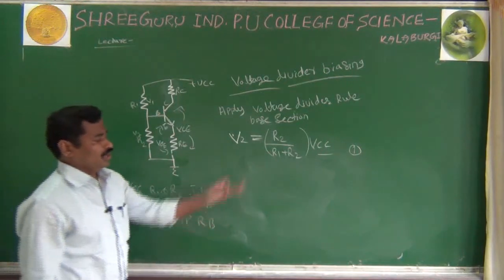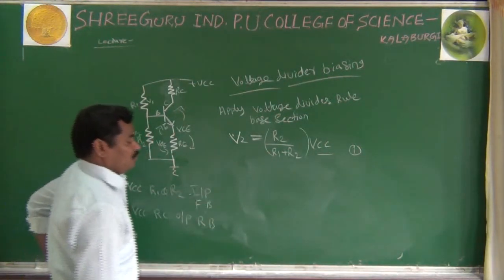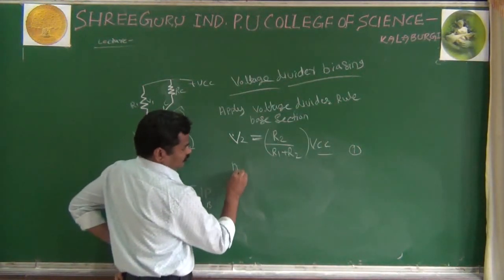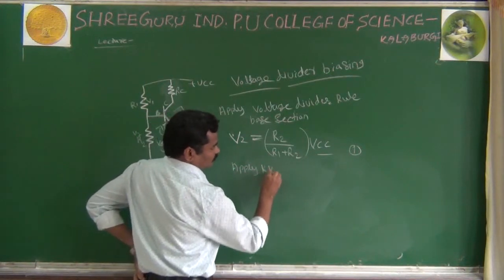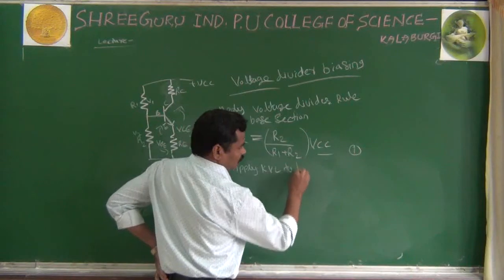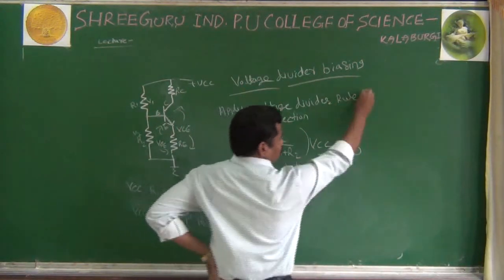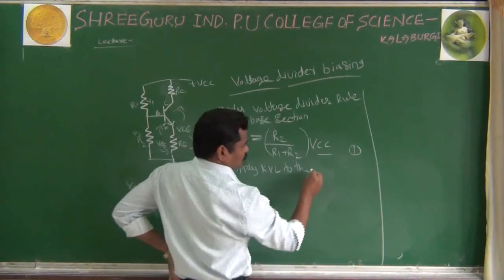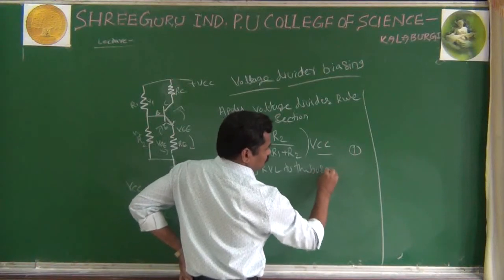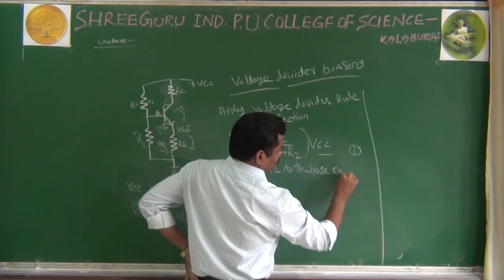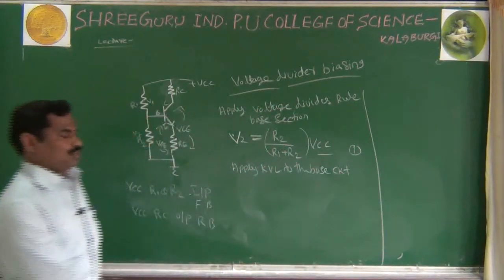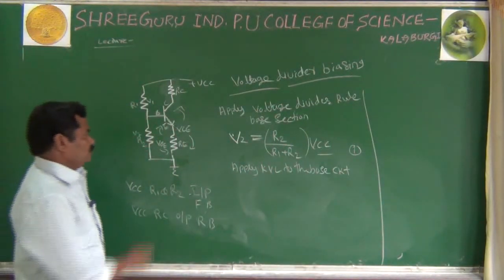And then what you have to do? Next step, apply KVL to the base section. Then what happens?